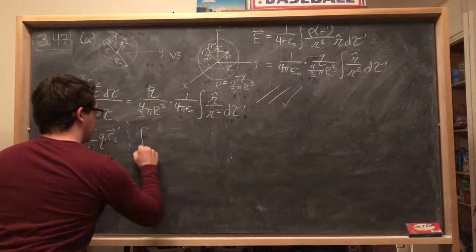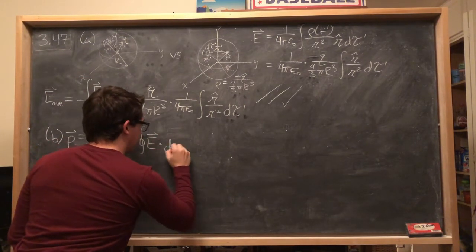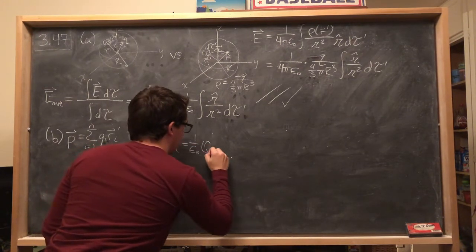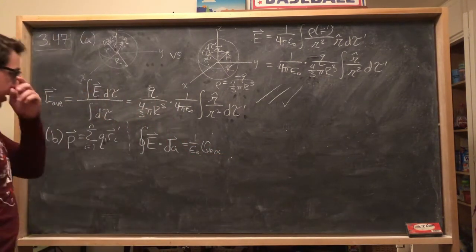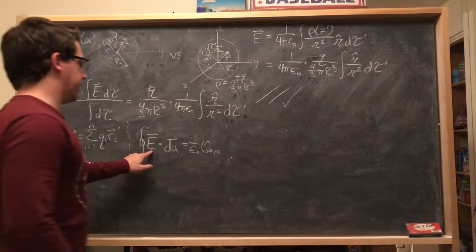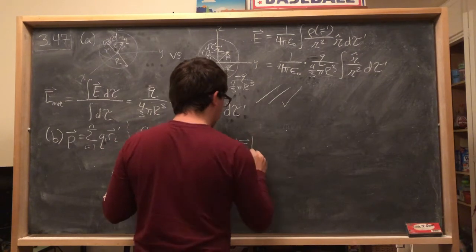And so then we can use Gauss's law, which you should be familiar with. It looks like this. And we can bring our electric field term out of the integral for two reasons.